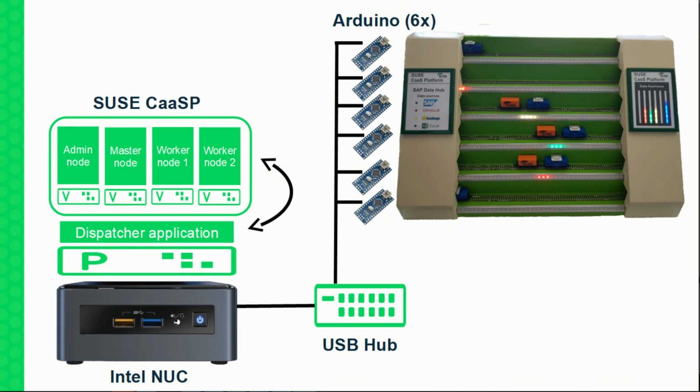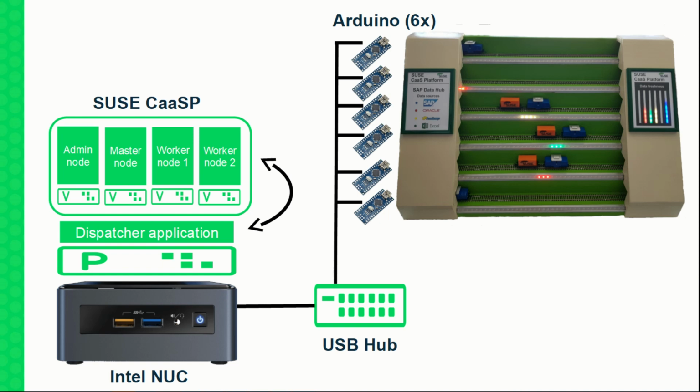Here you can see the overall schema of the whole solution. At the bottom there's an Intel NUC, which is a server running SUSE CaaS Platform. The SUSE CaaS Platform is installed on 4 virtual machines running on top of this physical box. So we have one admin node, one master node, and 2 worker nodes. The worker nodes are used for running the containers.